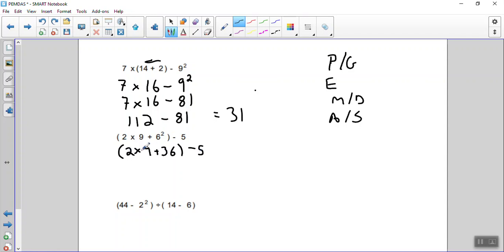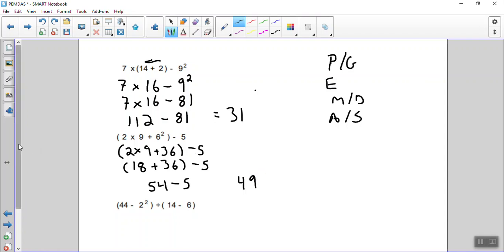Now within that parentheses we have a multiplication and an addition. So let's do this multiplication. 2 times 9 is 18 plus 36 minus 5. Now the last thing in the parentheses is this 18 plus 36. So 18 plus 36 is 54. So the parentheses is finally gone, and we have 54 minus 5, which is 49.